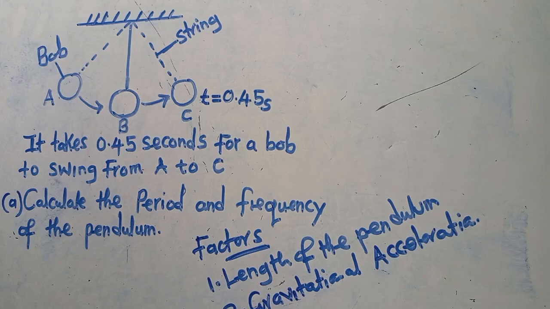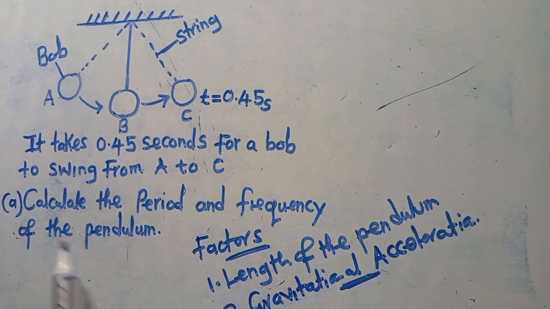In other words, in stronger gravitational fields, the pendulum swings faster and has a shorter period. So this is the way in which gravitational acceleration affects the period of a pendulum. I've explained how these two affect the period, and you need to make sure that you are able to answer questions that fall in that manner.